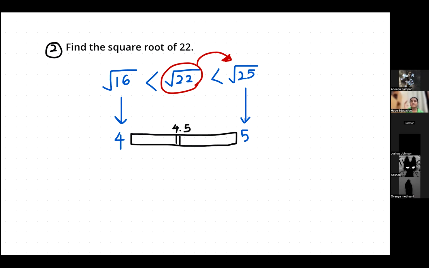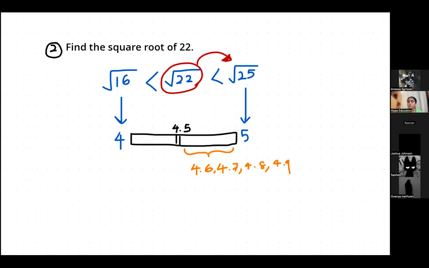Now, since 22 is closer to 25, do you understand that the square root of 22 should be in this particular gap? Like 4.6, 4.7, 4.8, 4.9. ඔය අතර නේද තියෙන්න ඕනේ.